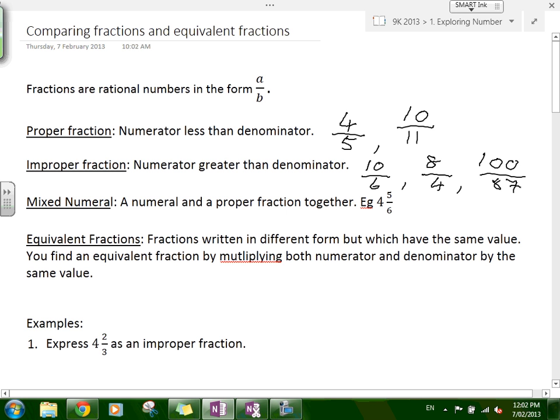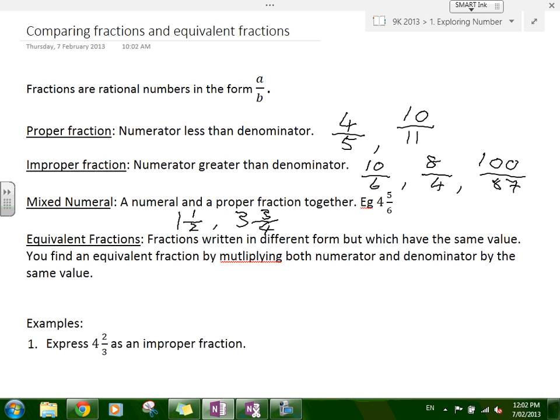All these are improper fractions, because the numerator is bigger than the denominator. A mixed numeral is where you have a numeral and a proper fraction together. So you have a number with a fraction, for example 4 and 5/6, or 1 1/2, or 3 3/4. All of these are mixed numerals. A number and a fraction, and it has to be a proper fraction.